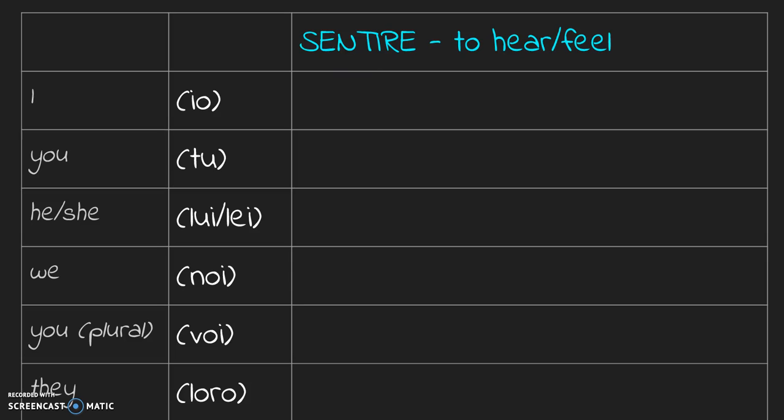Our last group is the -ire group, and an example from that group is the verb sentire, to hear or to feel. So again, we remove our infinitive ending, and again, we're left with the stem of the verb. In this case, it's sent.